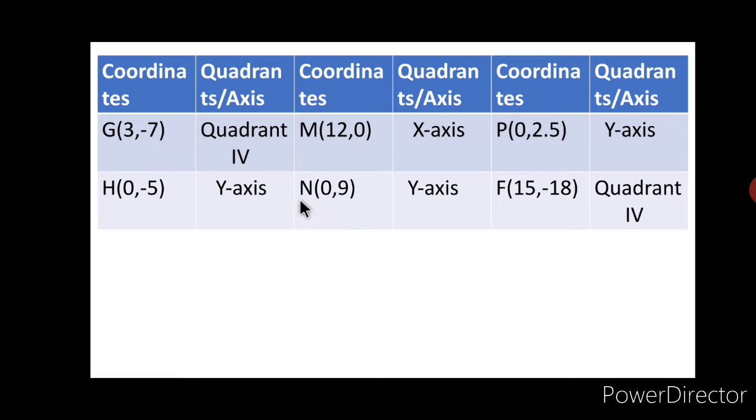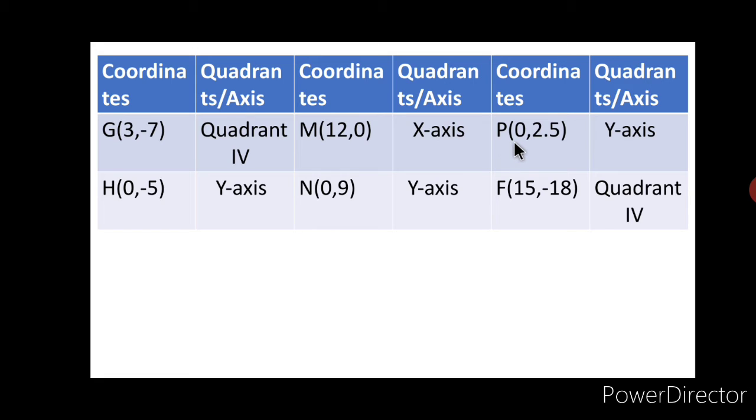Here N point, the x coordinate of N point is 0 and y coordinate is 9, and because of x coordinate is 0 and therefore this point lie on the y axis.